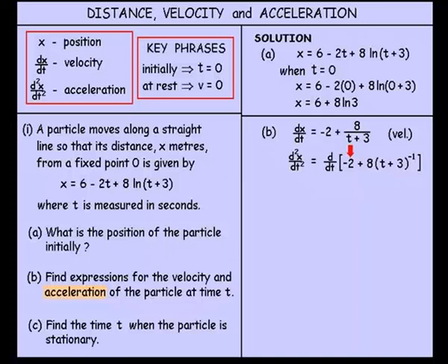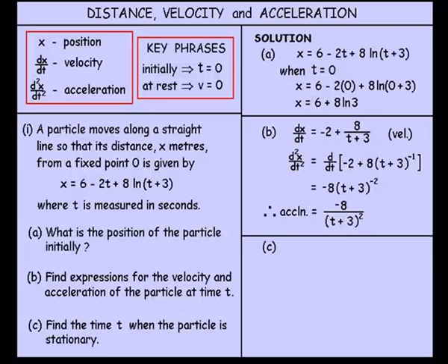The derivative of minus 2 is nothing. Then for the derivative of 8 times (t plus 3) to the minus 1, the minus 1 goes down the front and multiplies by the 8. Eventually we get minus 8 times (t plus 3) to the negative 2. That's our acceleration. So the acceleration is minus 8 over (t plus 3) all squared.